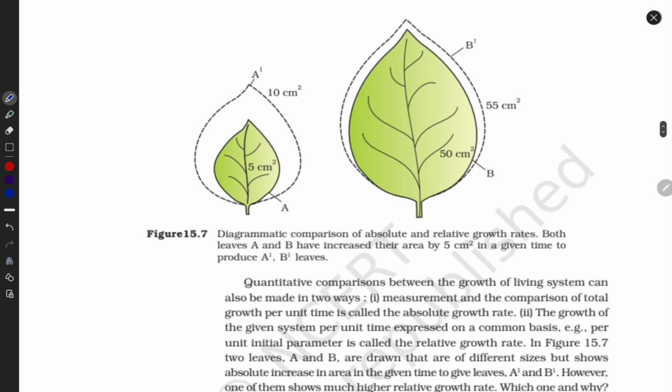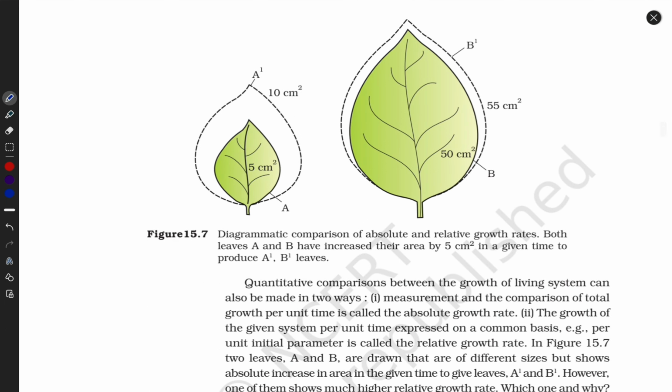Now let's start with some absolute growth and relative growth. Let's start the discussion about absolute growth and relative growth. How we can find absolute growth and how we can find relative growth.